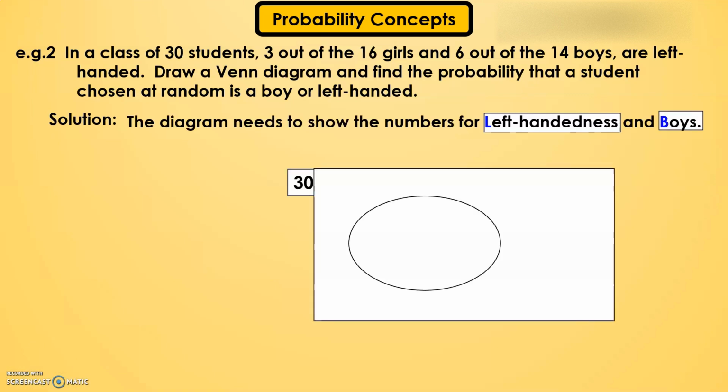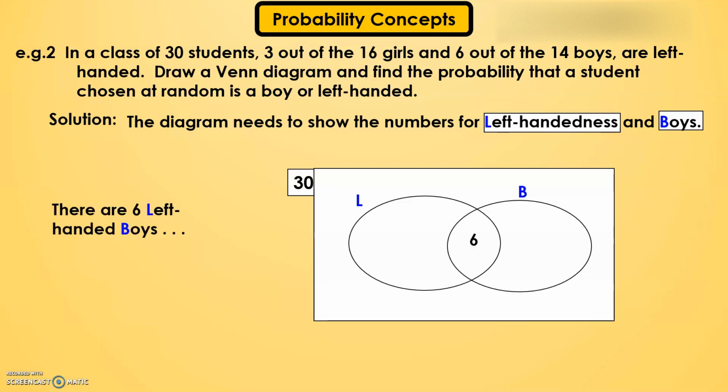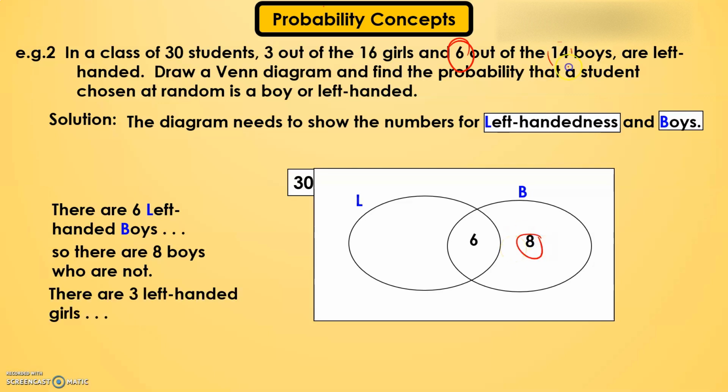First thing is to define the groups. There's 30 in total. So key bits of information, we've got 6 out of the 14 boys. So that means we get 8 and are left-handed, and we end up with 13.